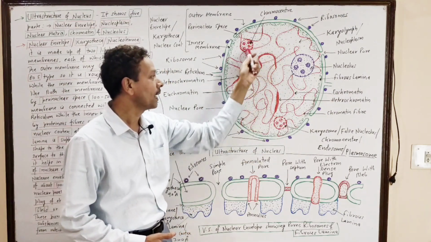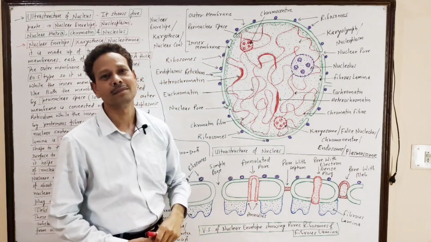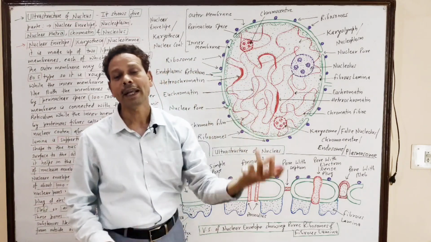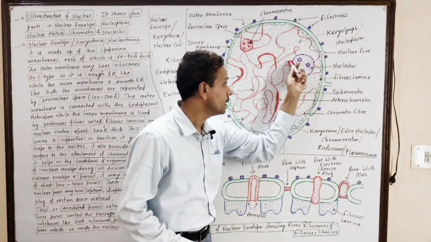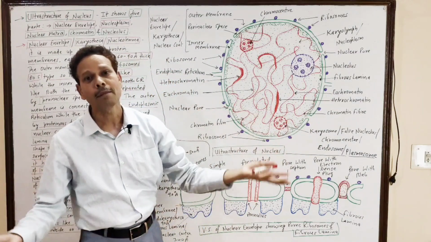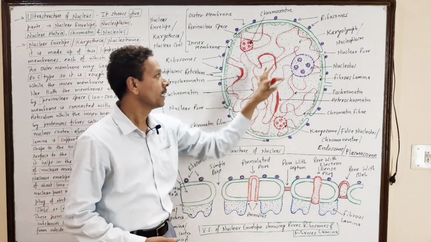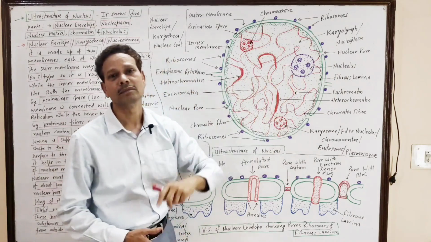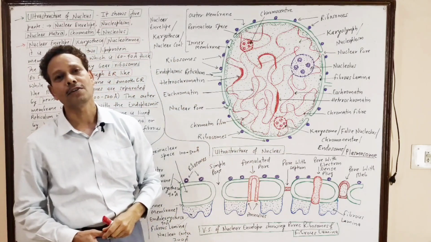This thread-like network which is present in the nucleus is chromatin. Third part is this small rounded body without any membrane, it is nucleolus. And the sap, the fluid which is present inside the nucleus, that is nucleoplasm.